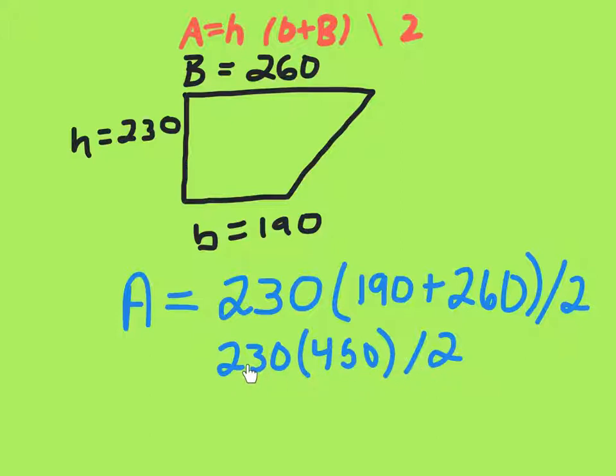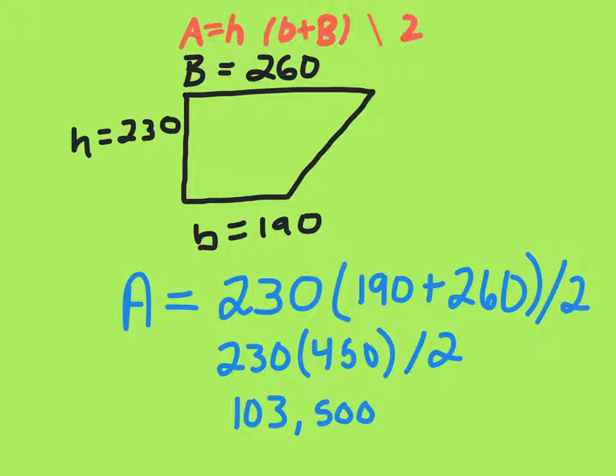So in this case, we have 230 times 450. We're going to do that first. And here's where a calculator or a long piece of paper is going to come in handy for you. 230 times 450 is 103,500.